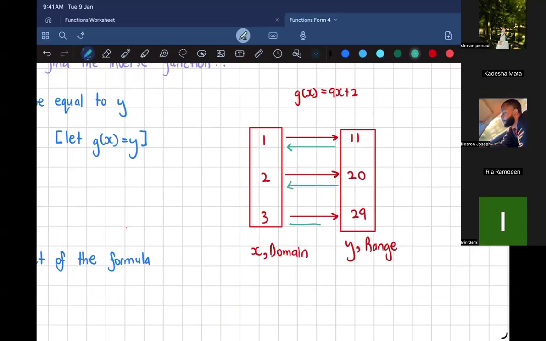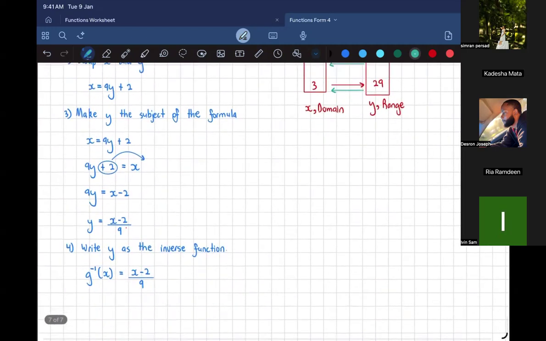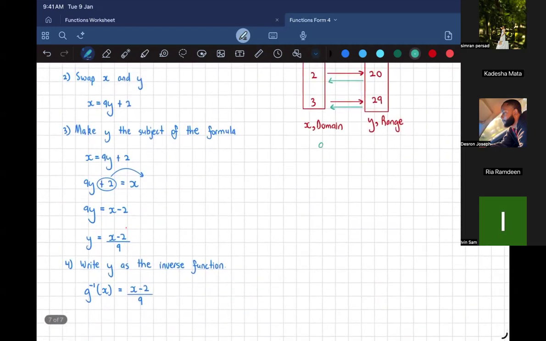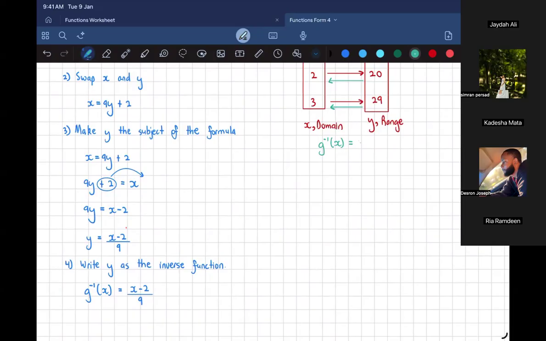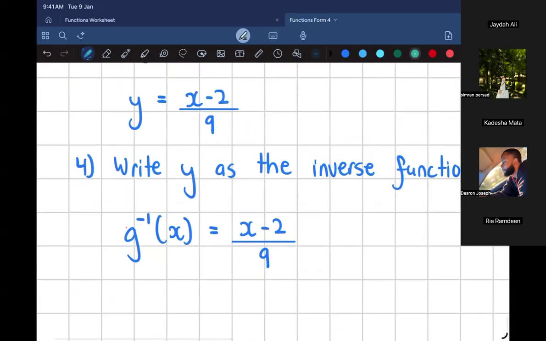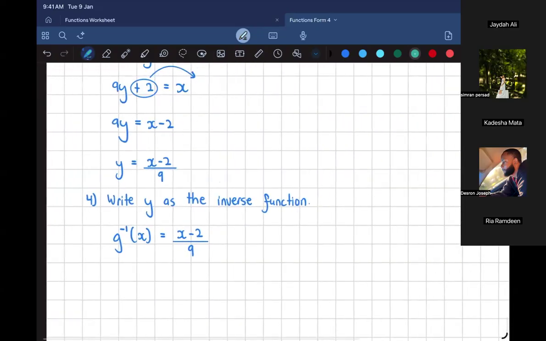Well, we could see, right? So for the inverse function, what did we come up with? We came up with x minus 2 over 9.